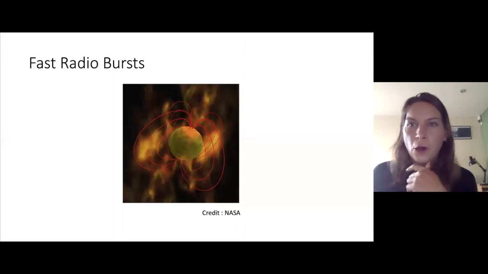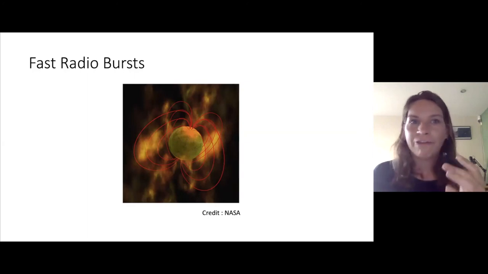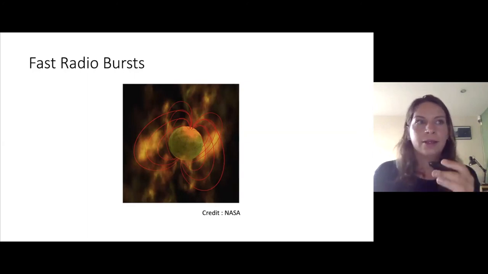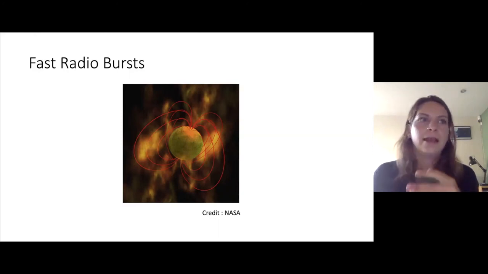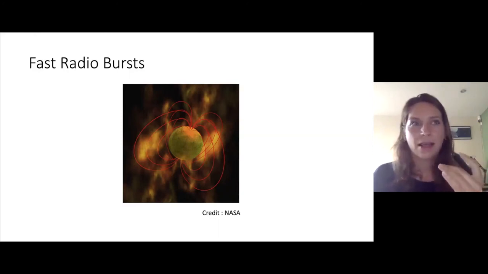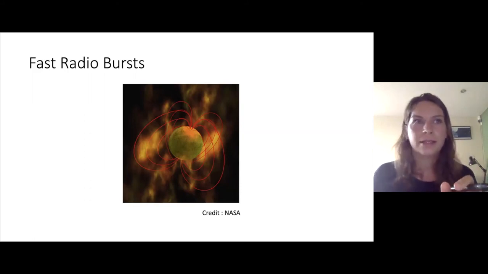Another goal that we could start to look at if we can build all these arrays is fast radio bursts. These are radio pulses that we're detecting from space, and they last somewhere around a millisecond. So we're talking about 1,000 a second. That's how fast one of these bursts is.